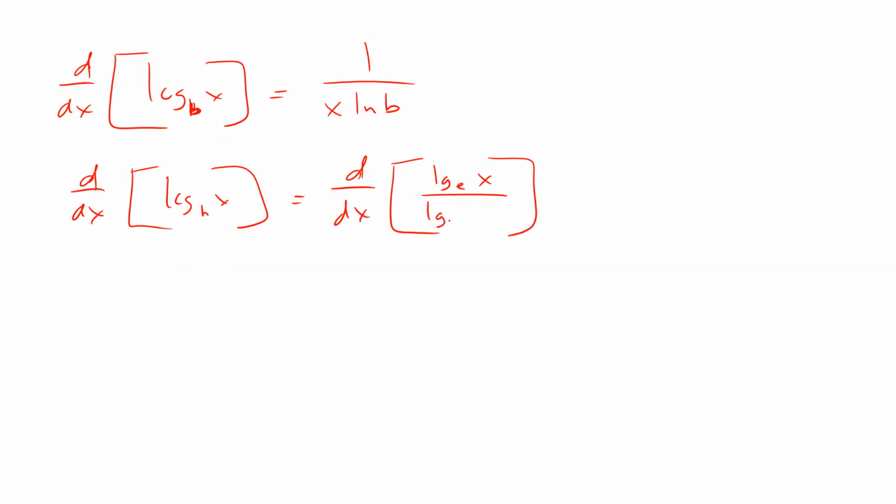And log base e of b? Talk to me, Sadie. What do you got? Is that true? Yeah. And so this is just ln of x on top, is that right? ln of b on the bottom?